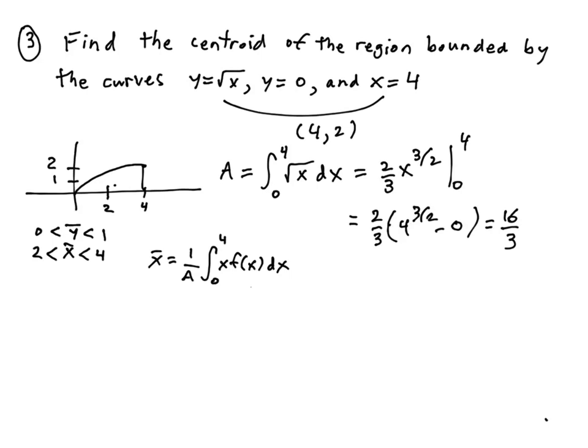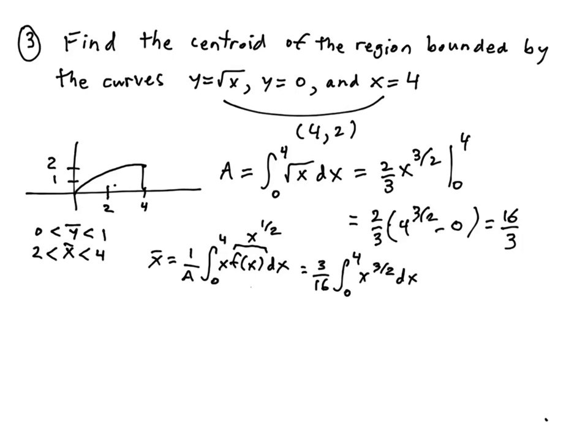Now f of x, remember, is the square root of x, that's x to the 1/2. If we multiply it by x, we get x to the 3/2. And so we're going to have 1 over the area, so that's 3 over 16, the reciprocal, times the integral from 0 to 4 of x to the 3/2 dx.